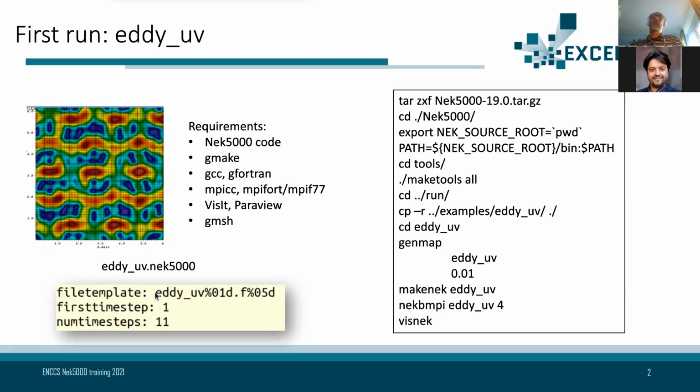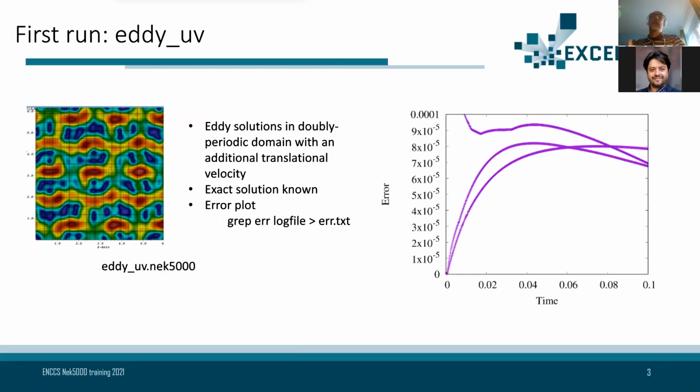It contains a name and the number of files we would like to visualize. And of course, from the log file, we can extract additional data, which was provided by us and calculated during the simulation after every step. In this case, it is the difference between the exact solution and the current solution inside Nek. Can we follow to the next example, or are there any more questions?